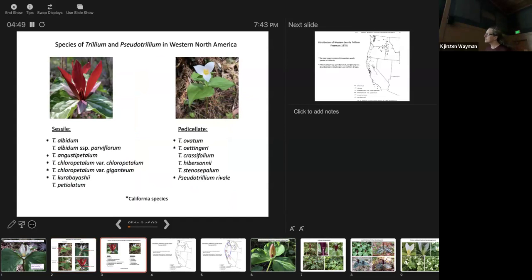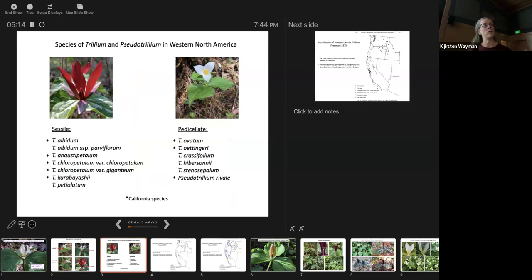So I have listed here all of the sessile trillium and pedicellate trillium in Western North America. And once again, we're going to focus on the sessile trillium in this talk. There are 7 taxa, including subspecies and varieties, of sessile trillium in Western North America. And of those, 5 of those taxa occur in California.